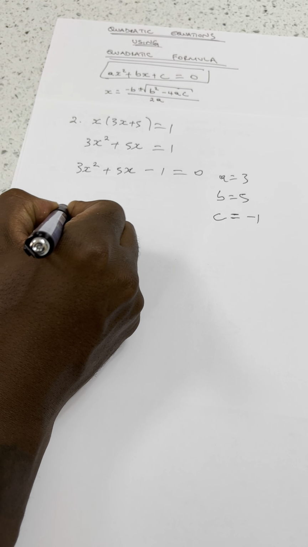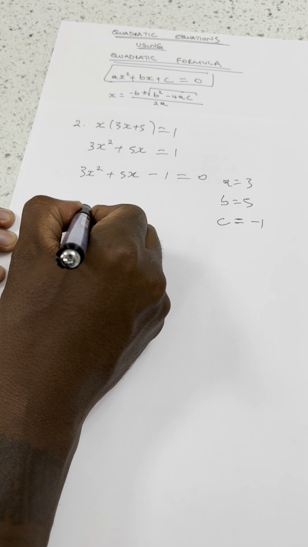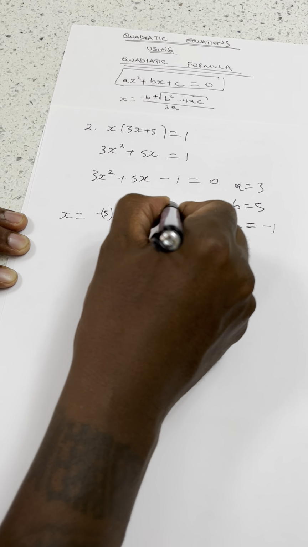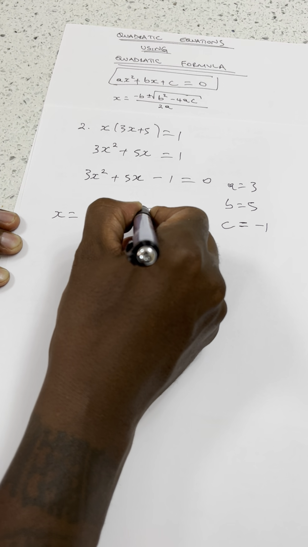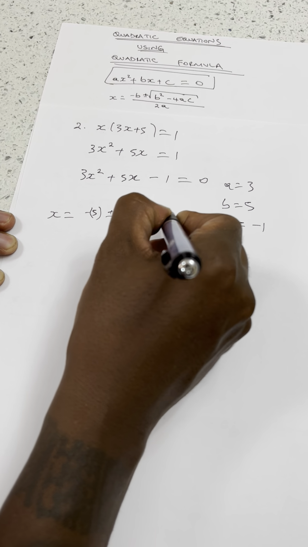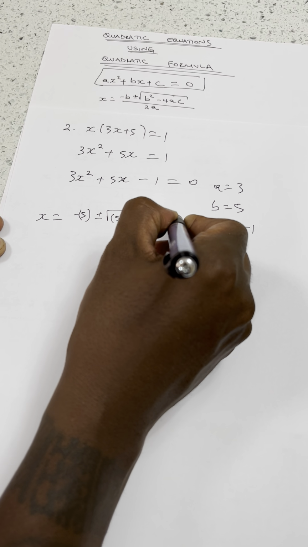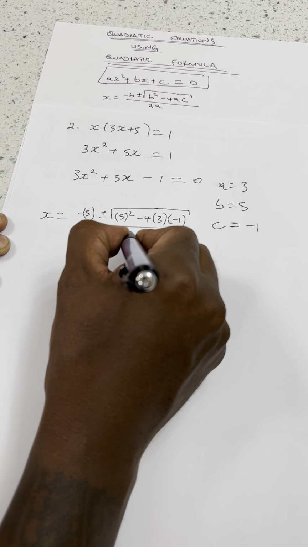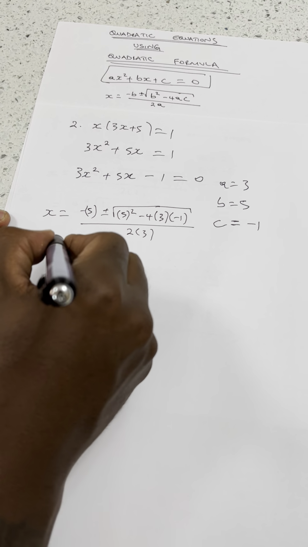So x is equal to negative b, which is negative 5 in this case, plus or minus the square root of 5 squared minus 4. A is 3, c is negative 1, all over 2a, where a is 3.